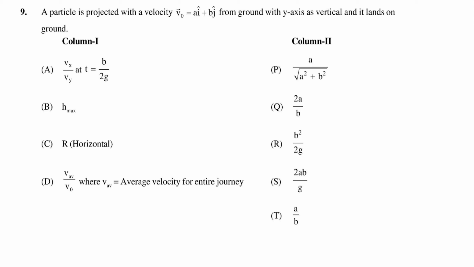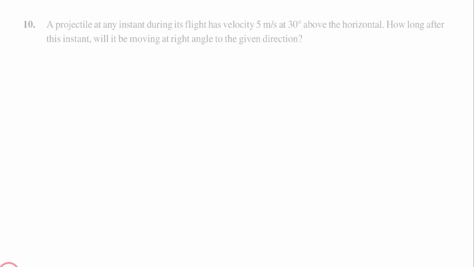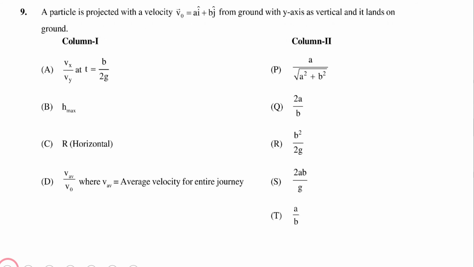Now in this matrix question, the velocity of projection of the particle is given. Right, so what is A? A is your Vx, the x-axis velocity, and what is B? It is the y-axis velocity B, taking y as the vertical axis and ground as the x-axis.